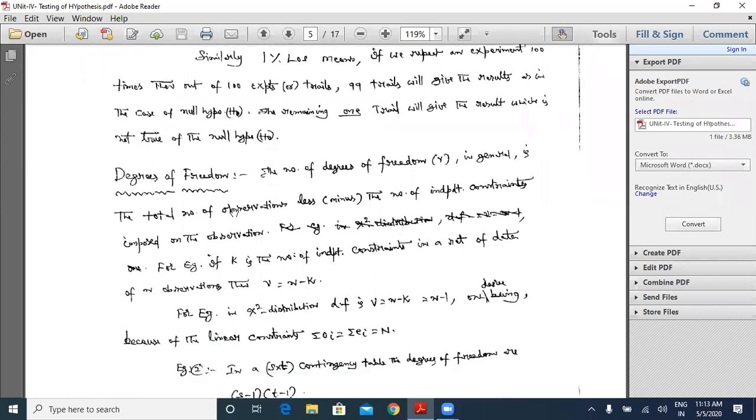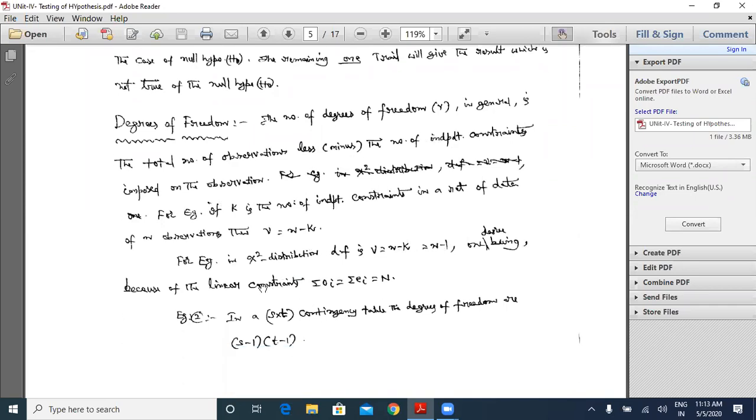Next, degrees of freedom. The number of degrees of freedom nu is in general the total number of observations minus the number of independent constraints imposed on the observations. For example, in case of chi-square distribution, degrees of freedom is equal to n minus k, where k is equal to 1, because of the assumption constraint sigma Oi is equal to sigma Ei.